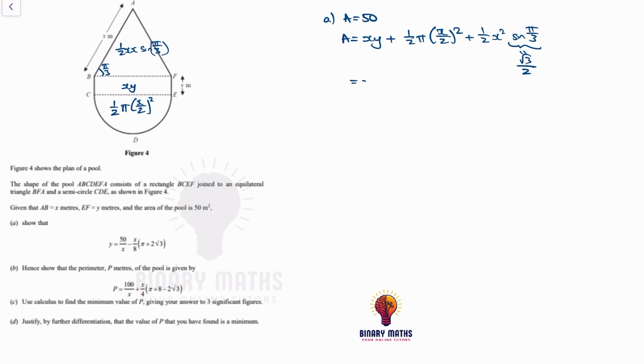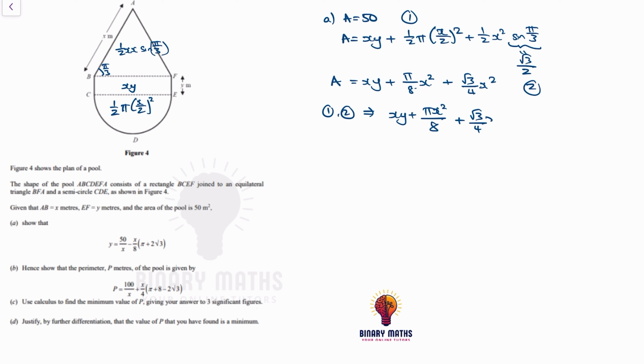Which means that simplifies to xy plus pi x squared over 8 plus root 3 over 4 x squared. If I combine them together, 1 and 2 together implies xy plus pi x squared over 8 plus root 3 over 4 x squared is equal to 50.